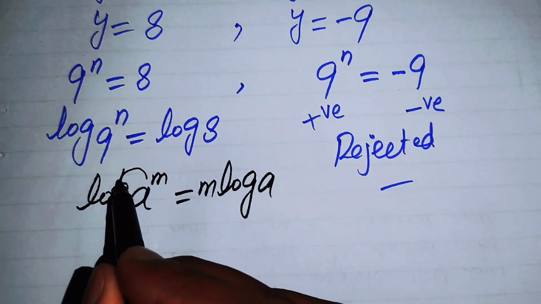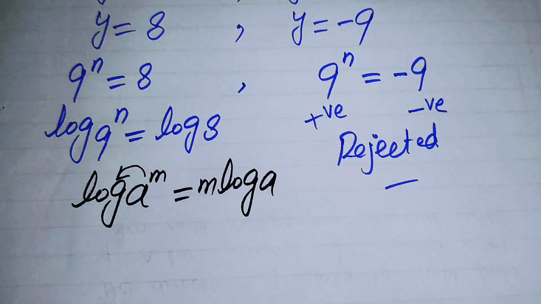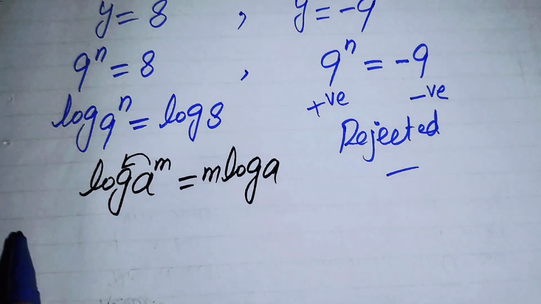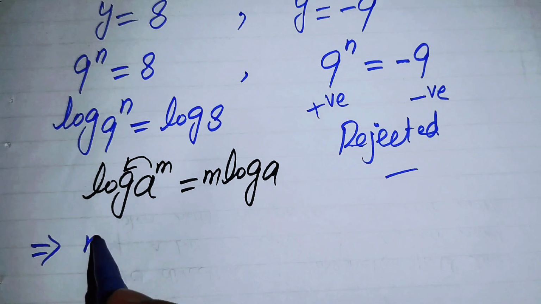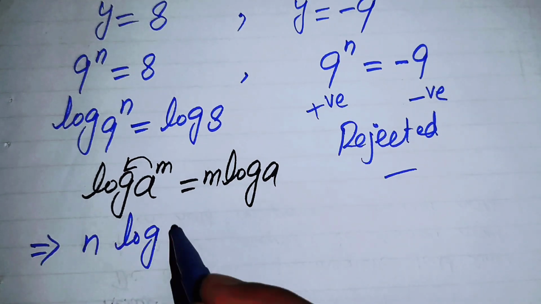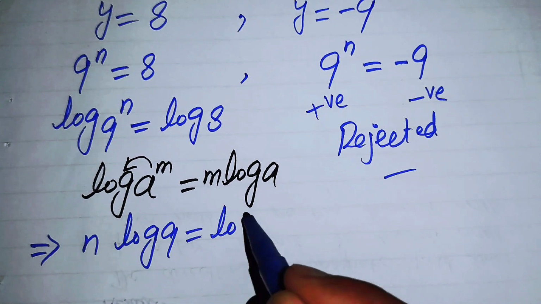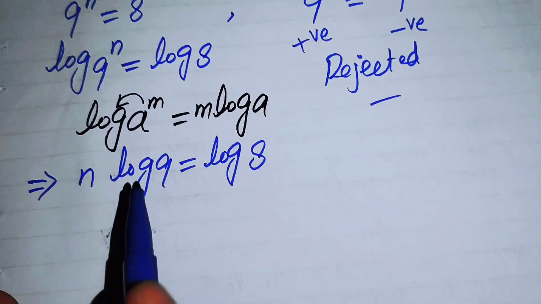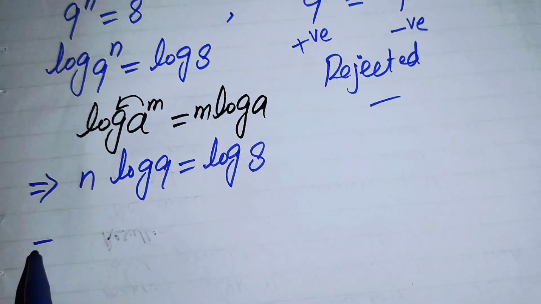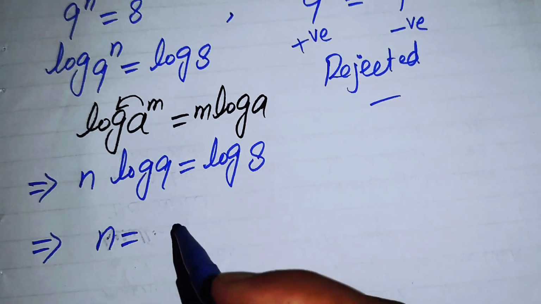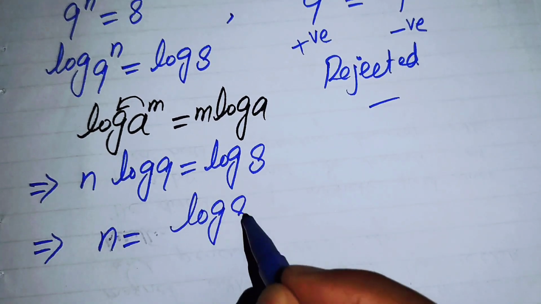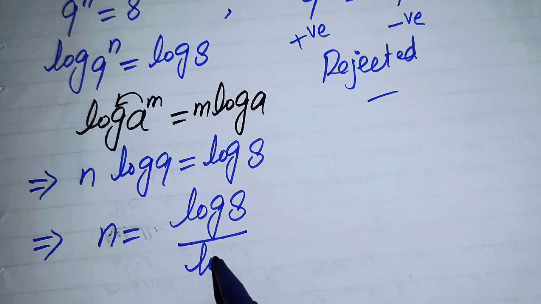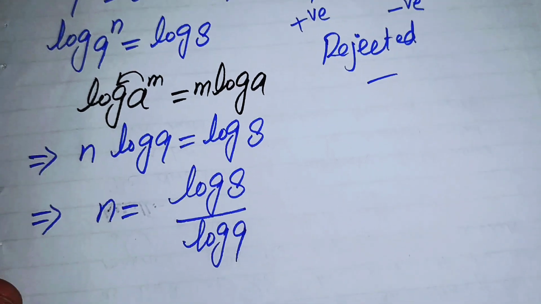If you have an exponent, we move this exponent in front of the log, so this term becomes n times log 9 is equal to log 8. Now we move log 9 to the right hand side, and you get n is equal to log 8 over log 9.